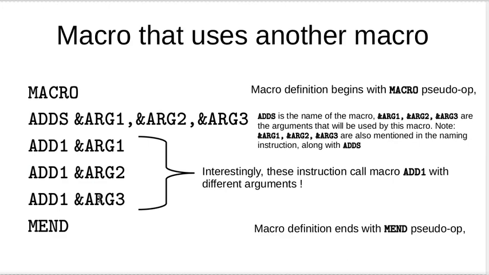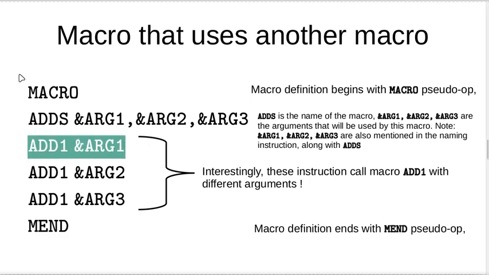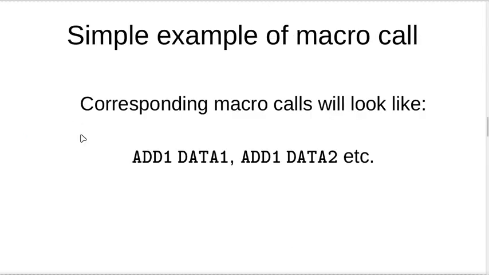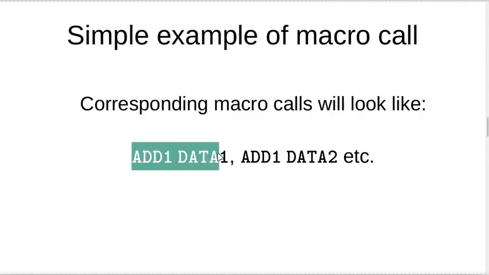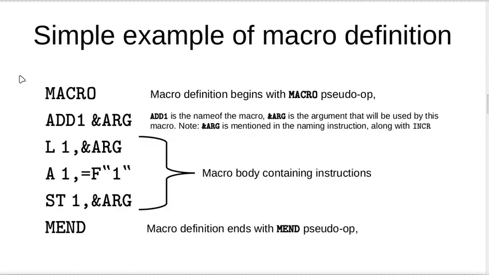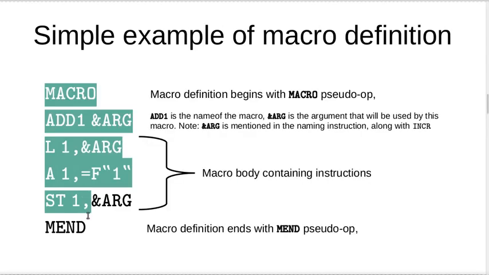So again, these three instructions are new because in any previous macro definition we have not found instructions which call other macros, but in these instructions, add1 &arg1 is nothing but a call to a macro defined previously, right? What was the macro?